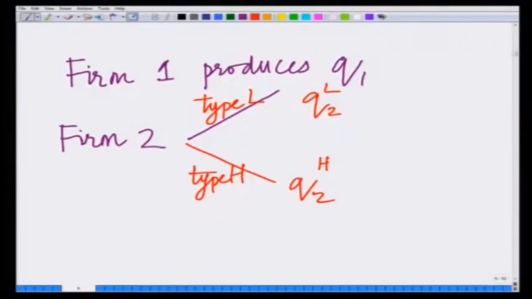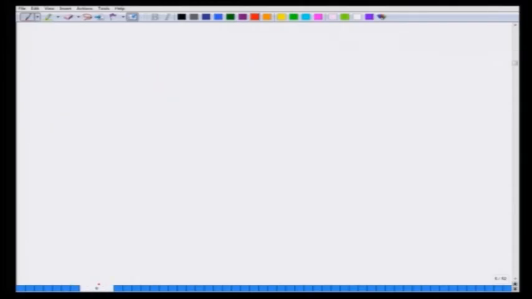So we are ascribing quantities to the different firms. Firm 1 is producing Q1, firm 2 of type low is producing Q2L, and firm 2 of type H is producing Q2H. Therefore, the various payoffs are given as follows.